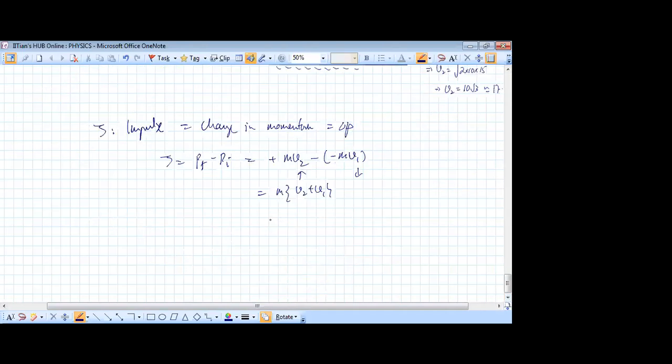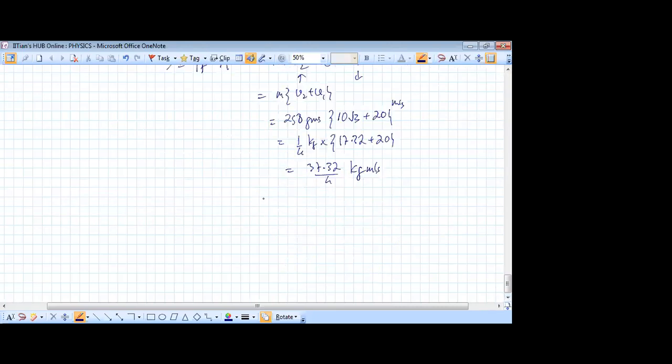So m is 250 grams, into 10 root 3 plus 20. That's 1/4 of a kg multiplied by 17.32 plus 20, so that is 37.32 by 4 kilogram meters per second.